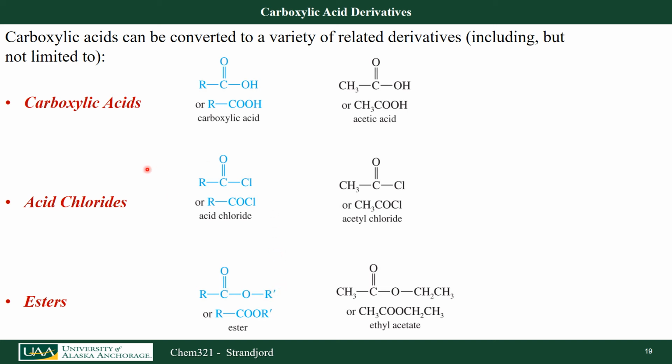The reason we call these derivatives of carboxylic acids is because in order to make an acid chloride, I start with a carboxylic acid. If I want to make esters, I start with a carboxylic acid and do some chemistry to them. Here's some examples: acetic acid, acetyl chloride, and ethyl acetate.